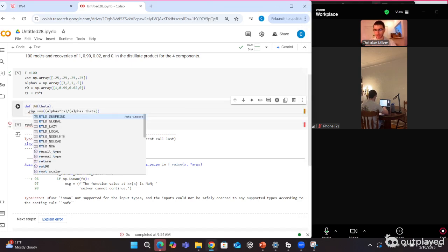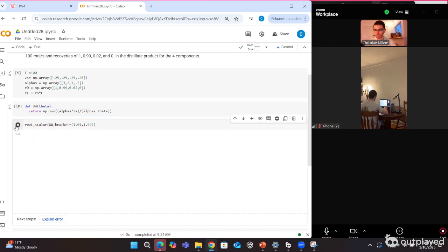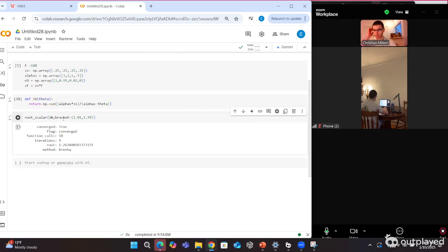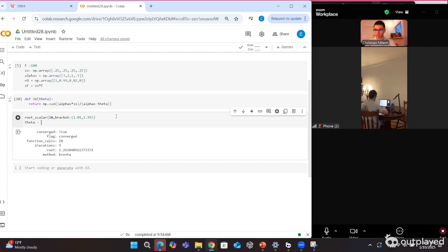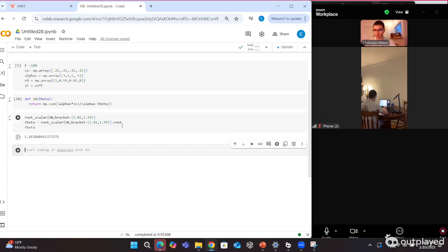We never returned anything from our function. Beautiful. So then our theta would be equal to the root. Does that pull the right value? Okay, beautiful.